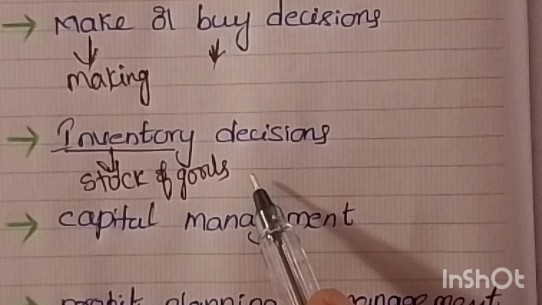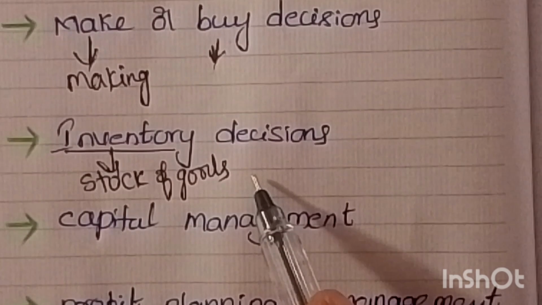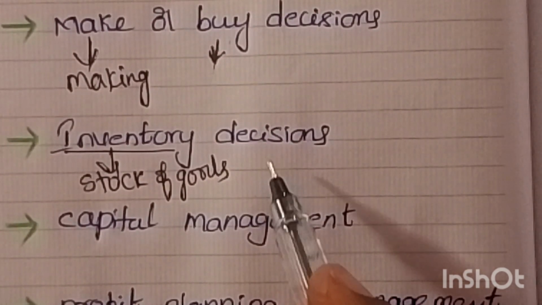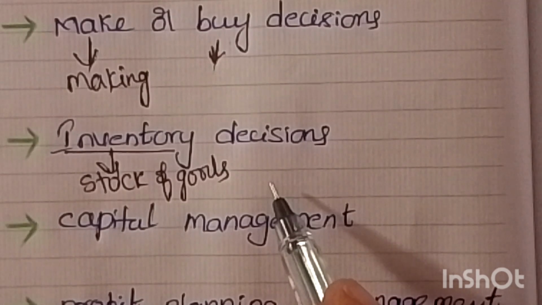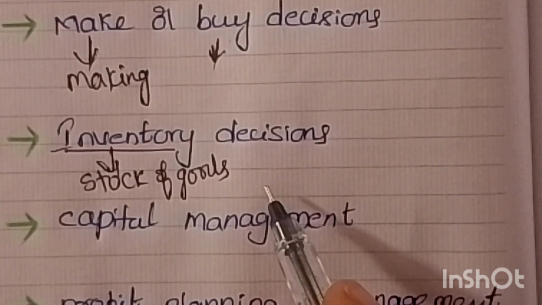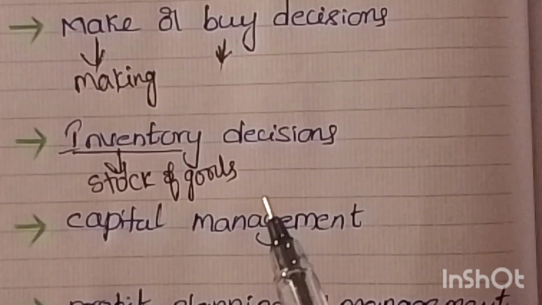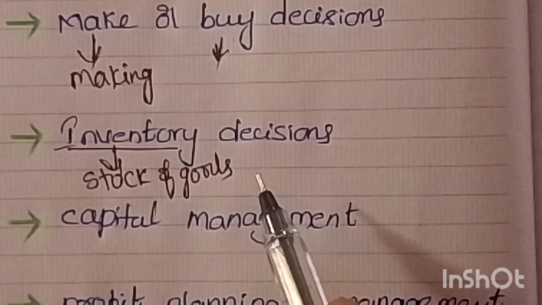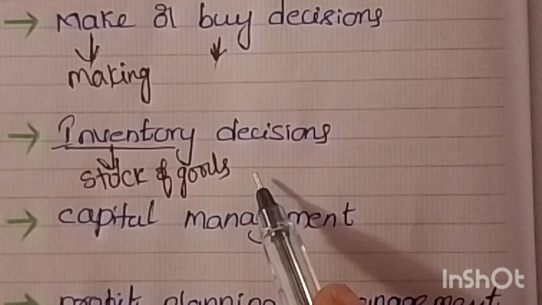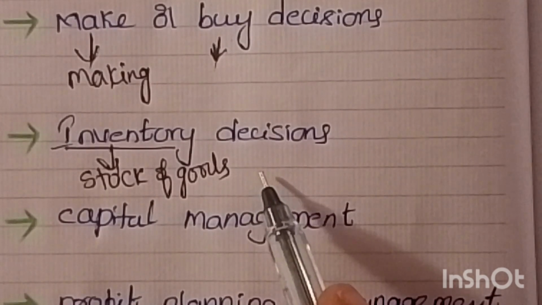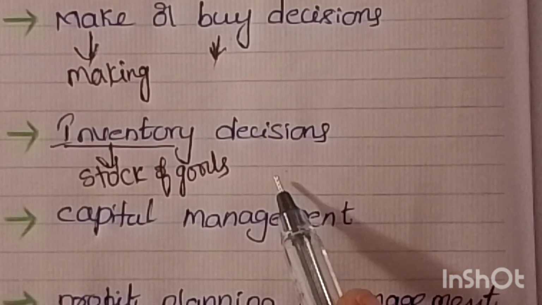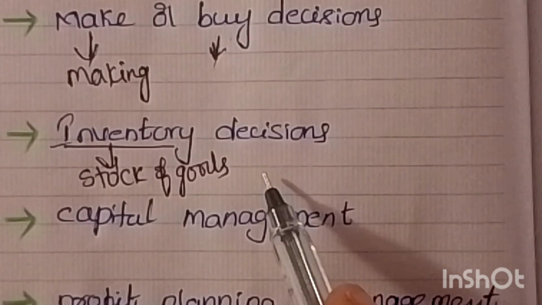Suppose the goods are very perishable, meaning they can be damaged in maybe 1 week or 3 weeks or 1 month, that leads to losses for a company. Other than that, suppose there is a lot of demand from the market, but you have no supply of goods from your side, so this is also a loss. This is also a drawback of your company.